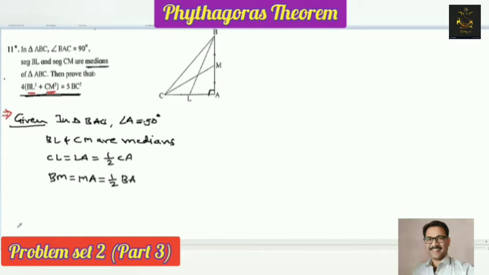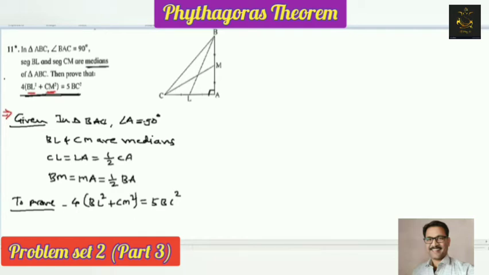This particular part is given to us. After that, what we have to prove here? We have to prove 4 times the sum of BL square and CM square is equal to 5 times BC square.